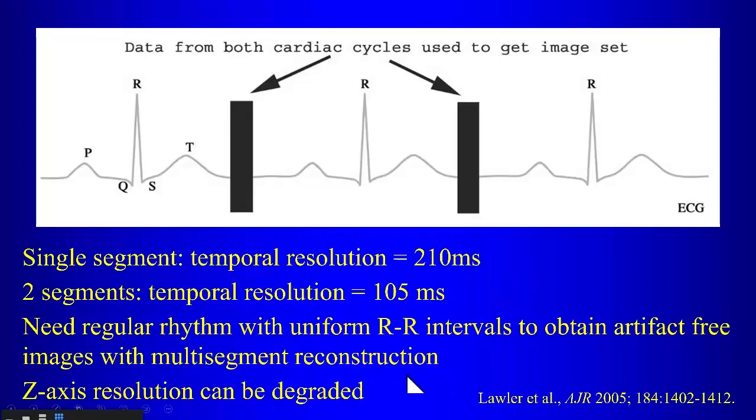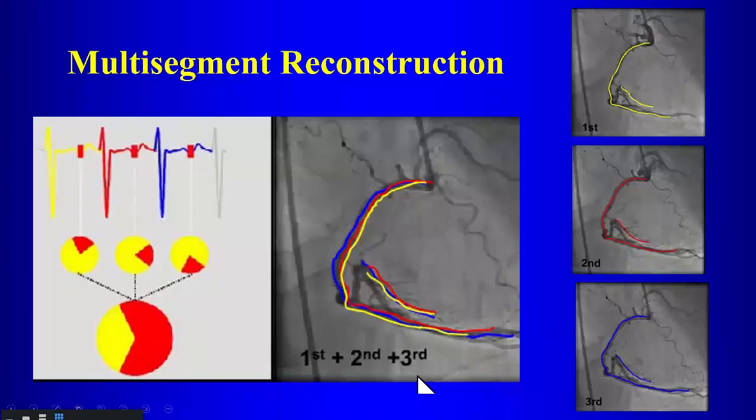And another disadvantage is that the resolution along the z-axis might be degraded somewhat. But here is one problem that can come up. So this is a patient, and we're taking 3 successive heartbeats here using cardiac cath, and we'll just draw the line going through here, the right coronary artery, for these 3 successive heartbeats.